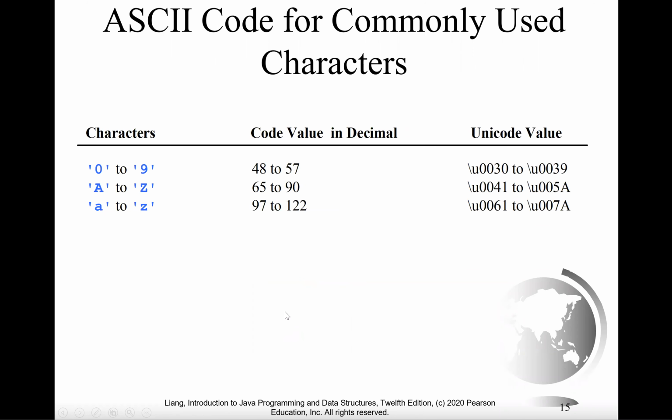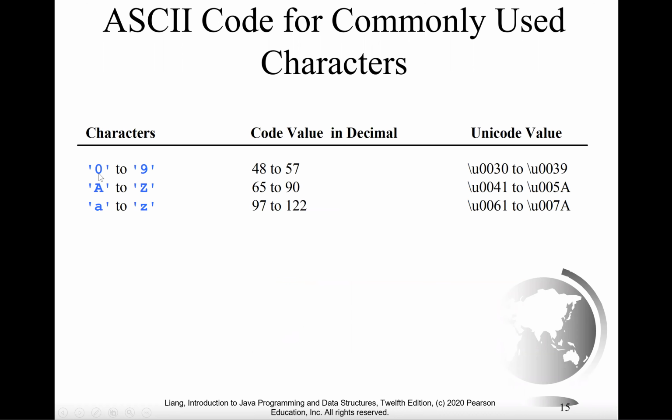ASCII code is a subset of Unicode, and that's what we're familiar with. Every character is mapped to a numerical value.